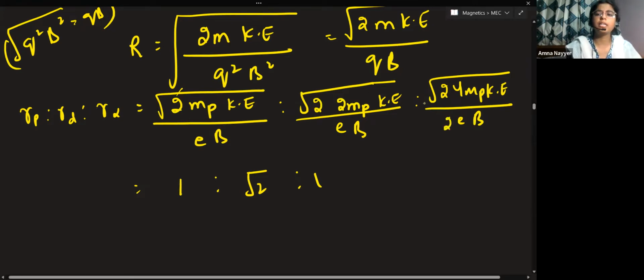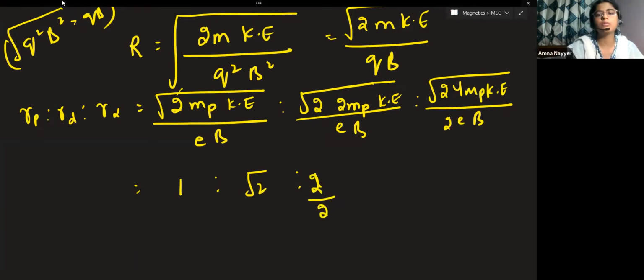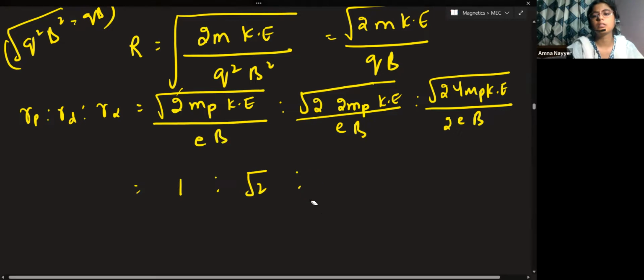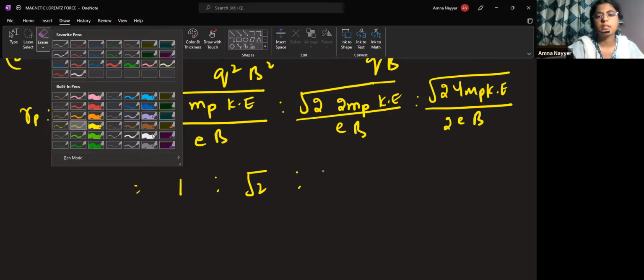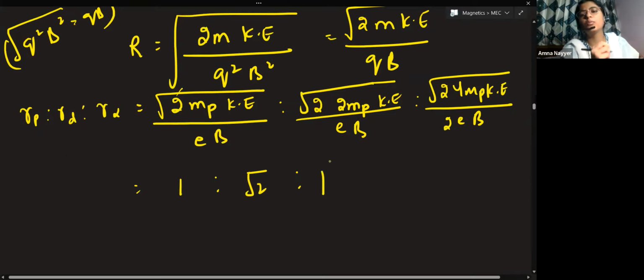See, from here, root 2 will also get cancelled. 2 divided by 2 will be left. So 1 will be left, no? See, it won't. From here, this root 2 gets cancelled and root 4 is left. Root 4 divided by 2 is 1 only, no?